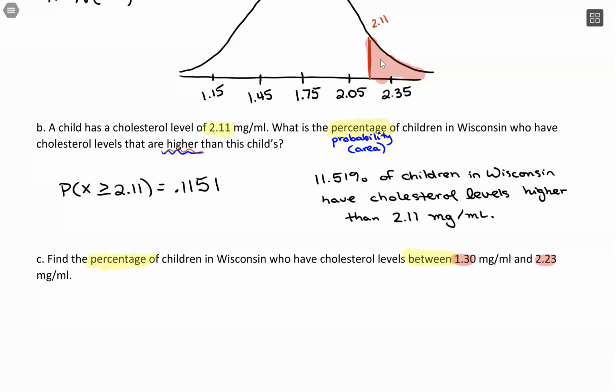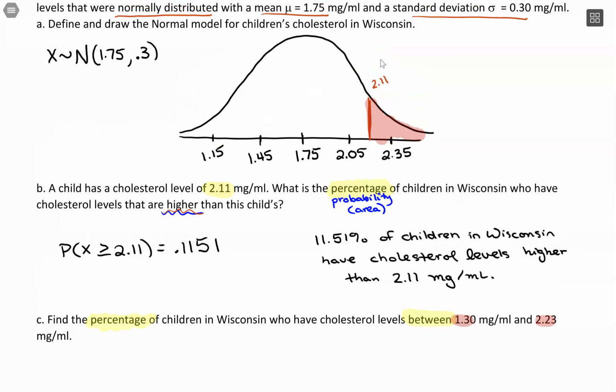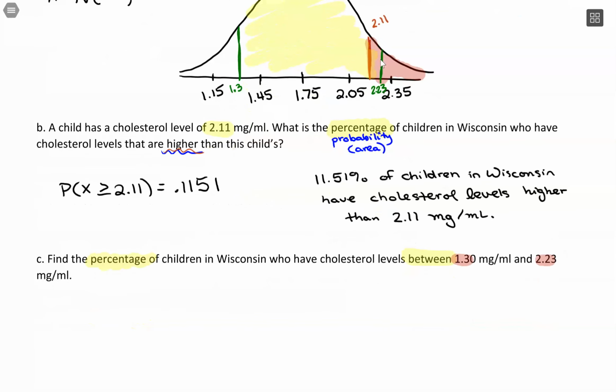So what this will look like, I'll just kind of draw over what we did here. 1.3 is maybe about there, and 2.23 is maybe about there, and we want the area in between. So we want this total area between those two values. So what I want to find in terms of notation, start at 1.3 is less than or equal to x is less than or equal to 2.23.